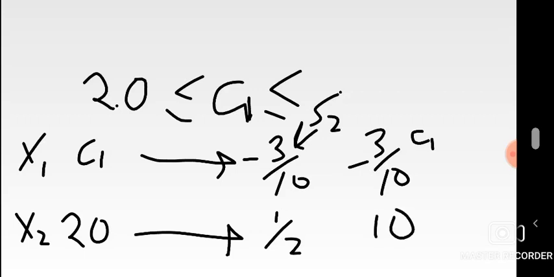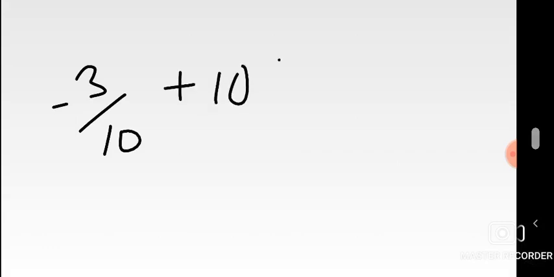Because remember, we're trying to just find what will come and substitute on this right hand side of that range there. That's what we're just trying to do. So we have our 10 and negative 3 over 10 C1. Okay, this one is just positive 10, right? And then as well, we just do this, that they are greater than but equal to 0.